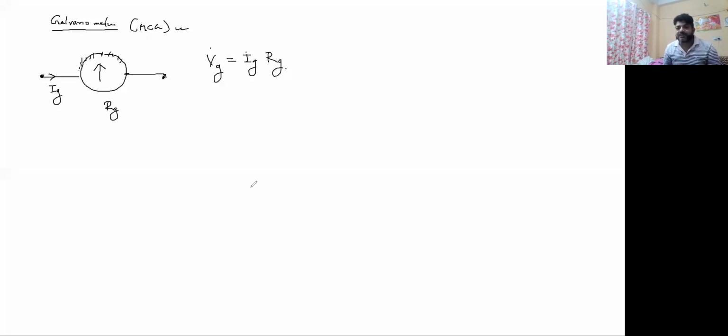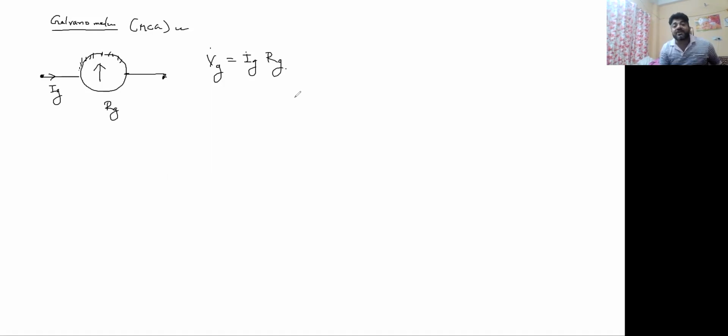So is it a proper instrument? No, sir. That's why we neither measure current nor voltage using the galvanometer. Because its current sensitivity or voltage sensitivity is such that it does not give you the true value of voltage or current.